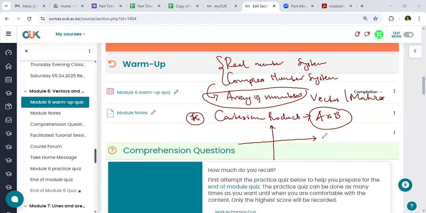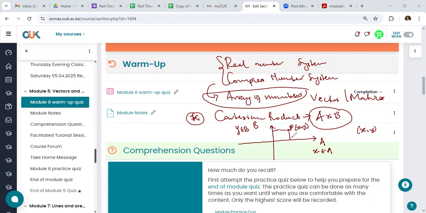You're ordering elements in A and elements in B, so the resulting ordered pair is (X, Y), and we can represent the ordered pair on the Cartesian plane. The element P here would be the ordered pair (X, Y).